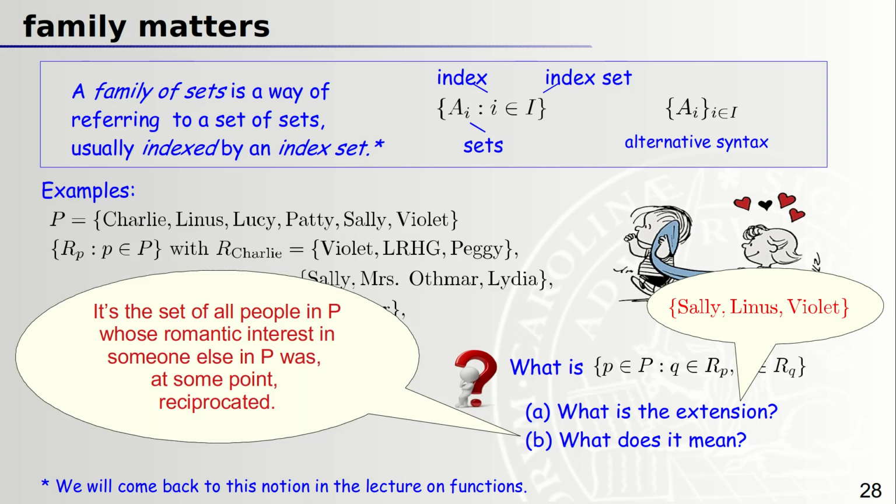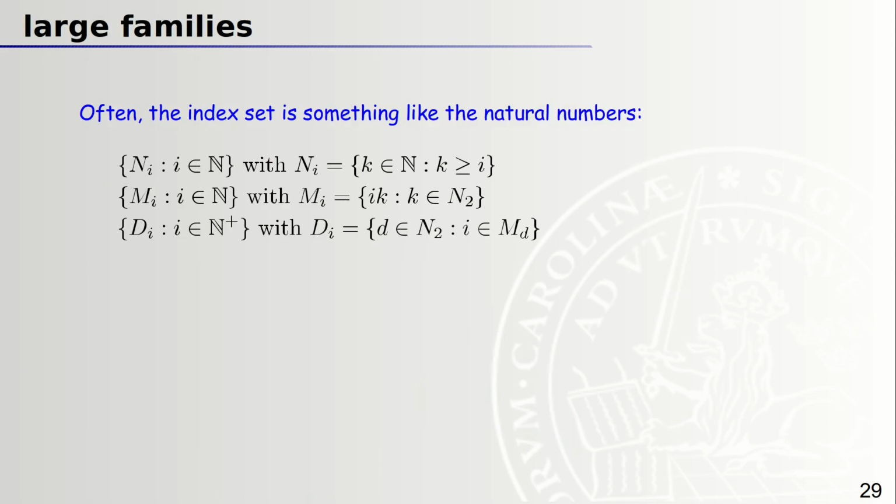Working with families of sets is especially useful when those families are very large, or even infinite, such as in these examples. What do these sets mean? And by this I mean not the extensions, because they are infinite anyway, but rather their interpretation.